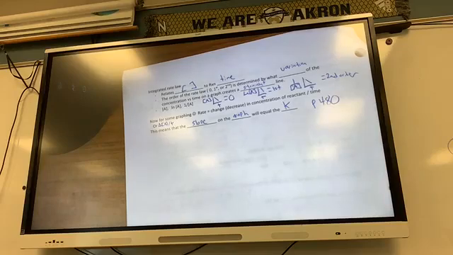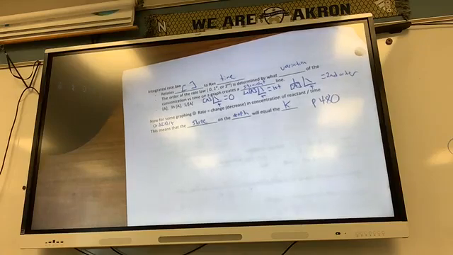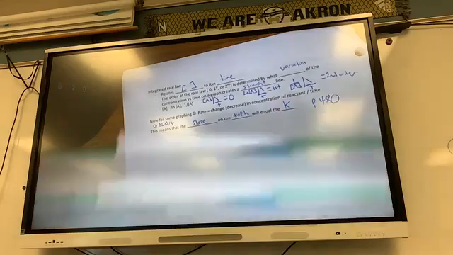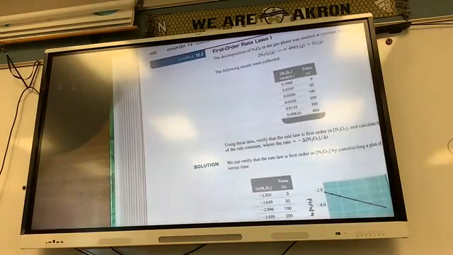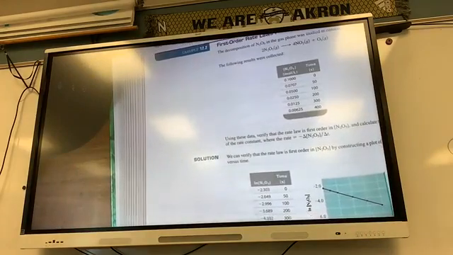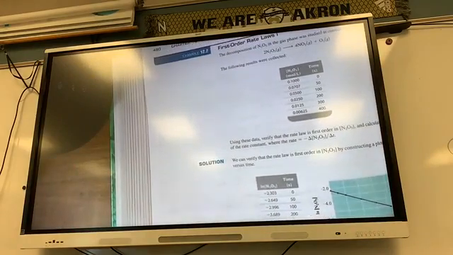Page 480. Are you guys all seeing 480 somewhere, somehow? There's no page numbers? Chapter 12. We're in 12.2. So we're looking for exercise 12.39.